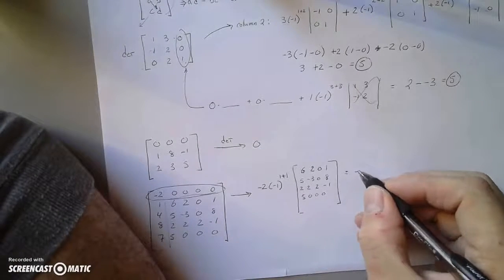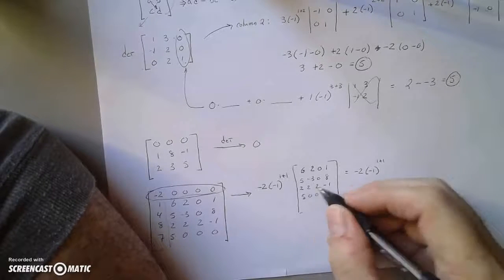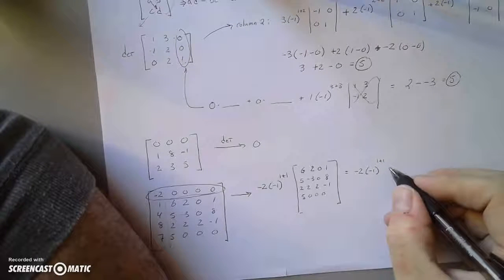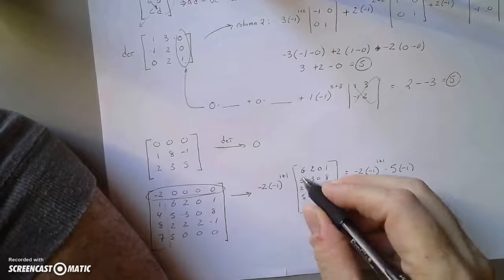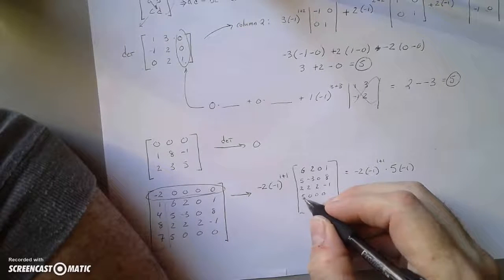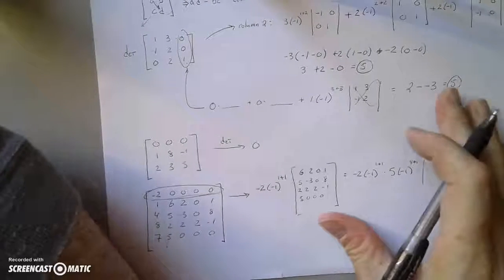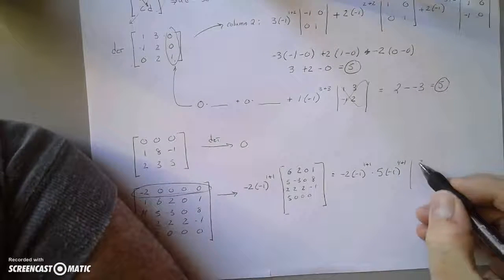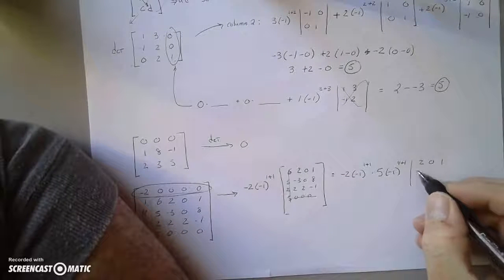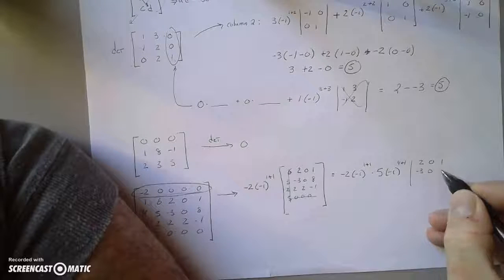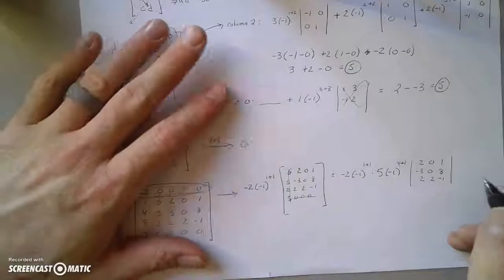So we can say, this is minus 2 times minus 1 to the 1 plus 1. The determinant of this thing, use the last row, is 5 times minus 1 to the fourth row, first column, 4 plus 1, times its determinant, which is 2, 0, 1, where we get it by blocking this stuff out, 2, 0, 1, minus 3, 0, 8, 2, 2, minus 1.